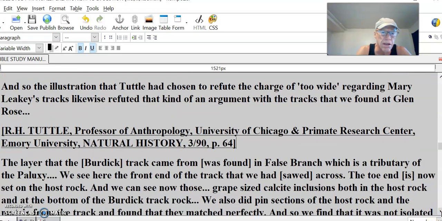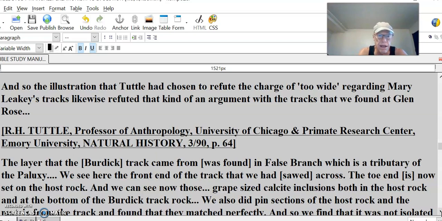The layer that the Burdick track came from was found in False Branch, which is a tributary of the Paluxy River, Glen Rose, Texas. We see here the front end of the track that we had sawed across. Go on the internet and look at the dinosaur under the letter D, dinosaur tracks, and you'll see this.